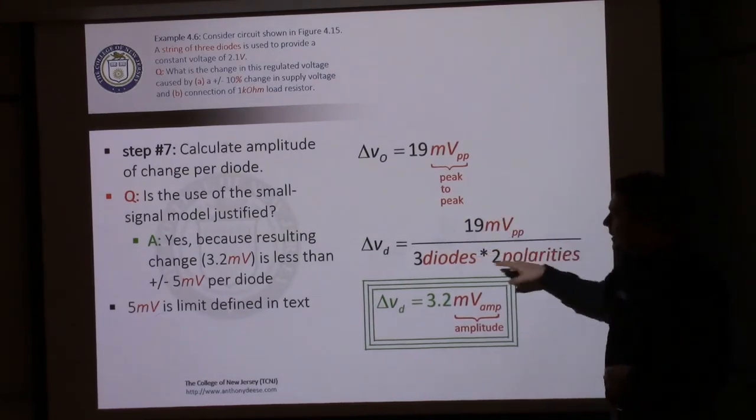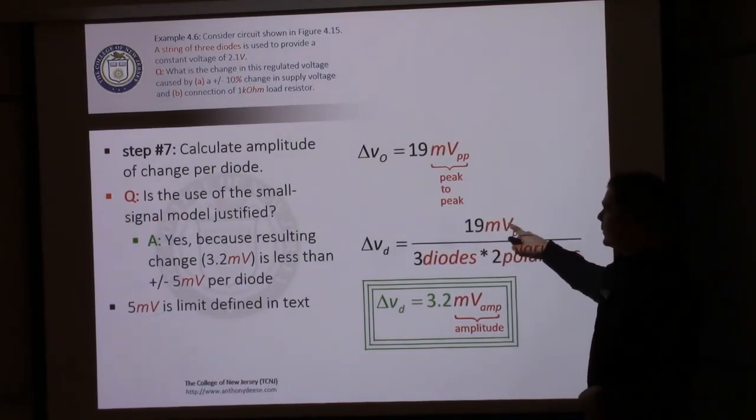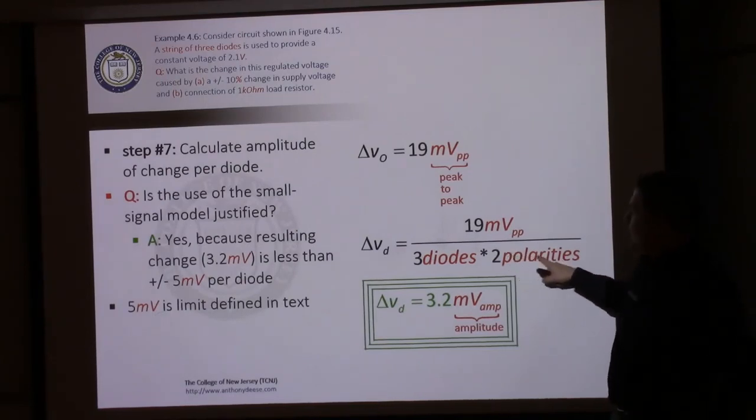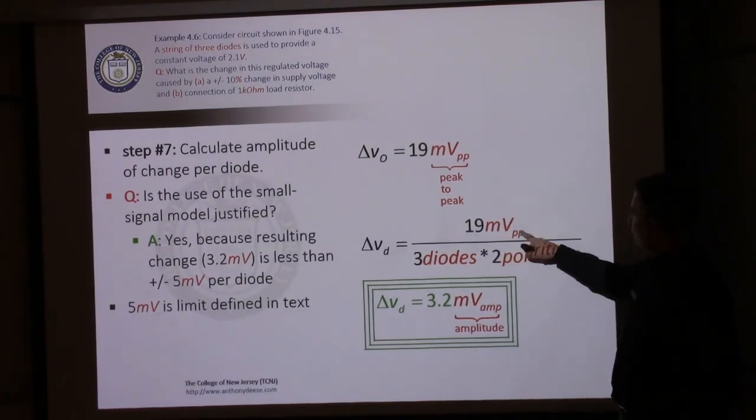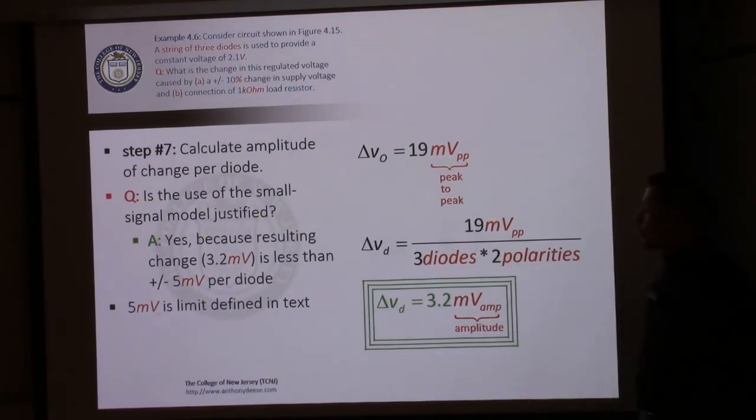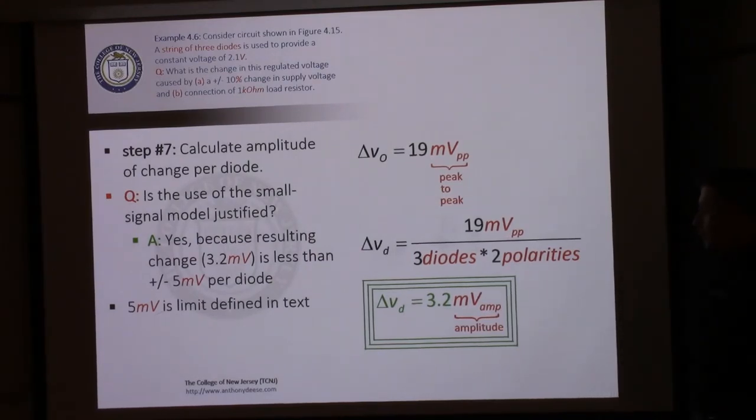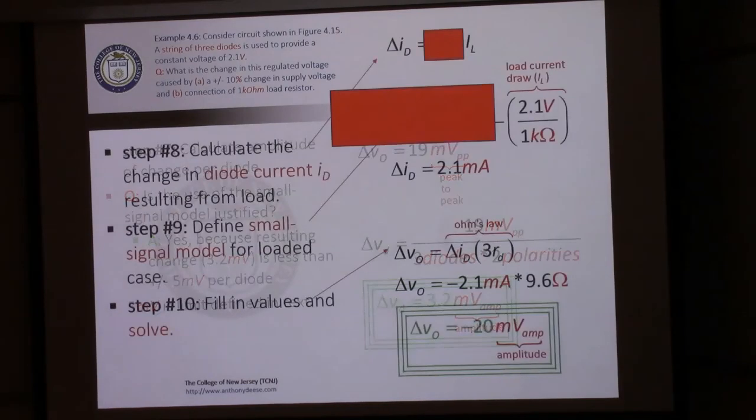So you can see from the math, we have a 19 millivolt peak-to-peak ripple. We divide by 2 to go back to amplitude from peak to peak, and it should be divided by 3 diodes. So there's really only a 3.2 millivolt amplitude ripple across each one of the diodes, which does stay within the 5 millivolt limit that we set before.